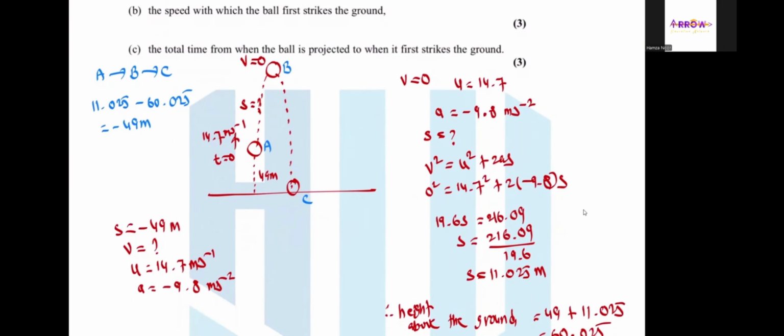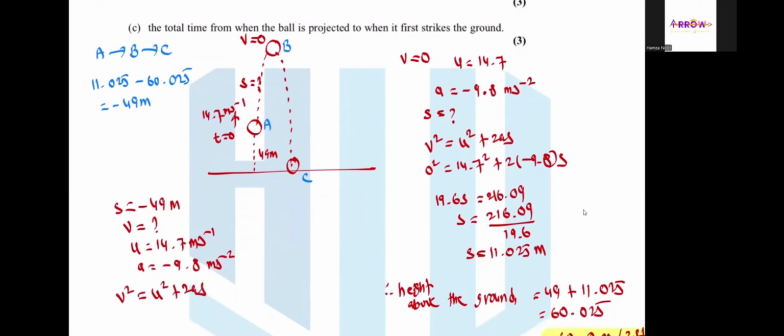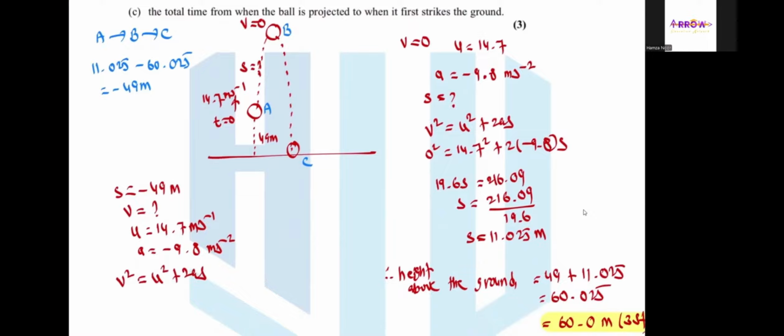All right, so I'm going to say that v square is equal to u square plus 2as. So v square is equal to 14.7 square plus 2 times minus 9.8 times minus 49.